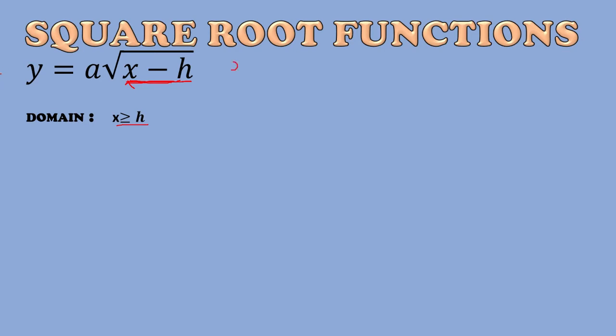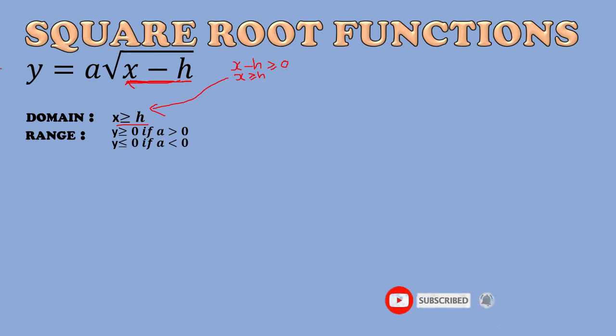So you write x minus h greater than or equal to 0. And when you solve this inequality, x is greater than or equal to h. Now this is the domain. And the range is the same situation as the example before. If a is positive, the range is all the values greater than or equal to 0. But when a is negative, the range is all the numbers less than or equal to 0.